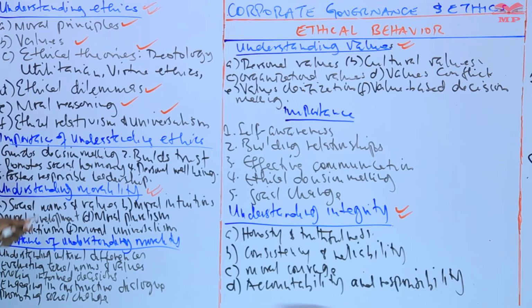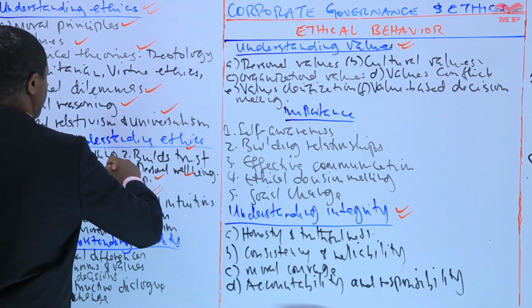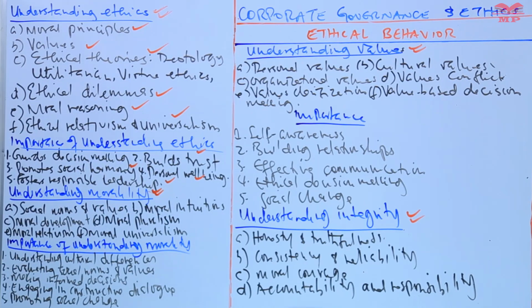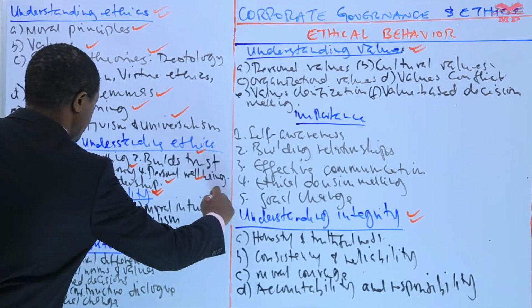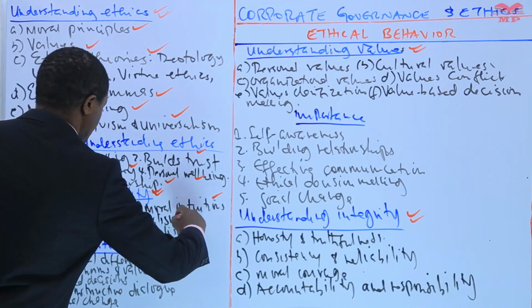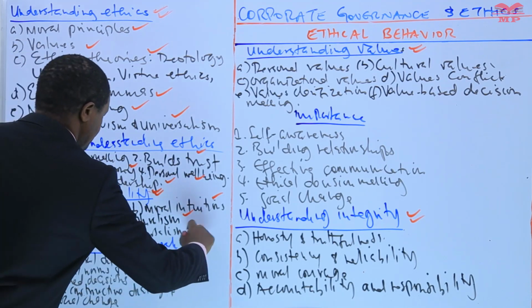We've identified 5 reasons why it's important to understand ethics. The key aspects of understanding morality, we have social norms and values, moral intuitions, moral development, moral pluralism, moral relativism, and moral universalism.